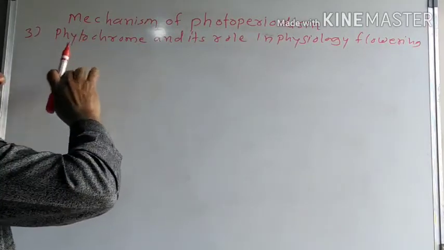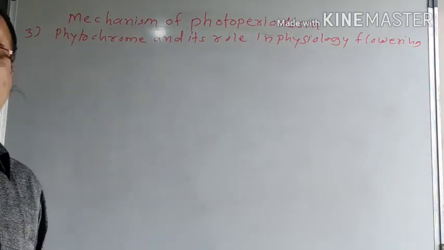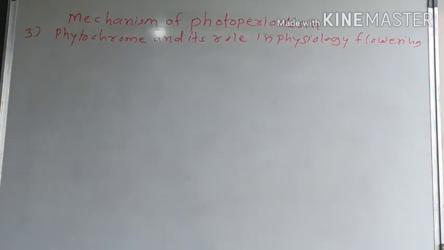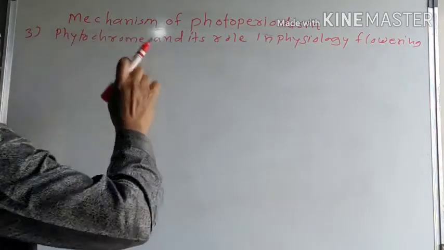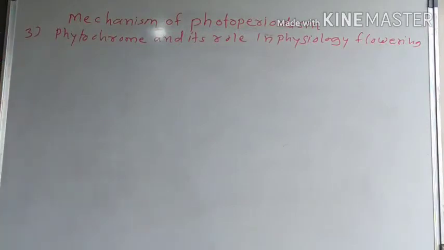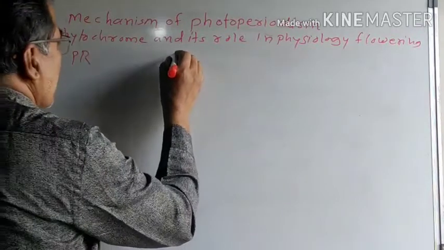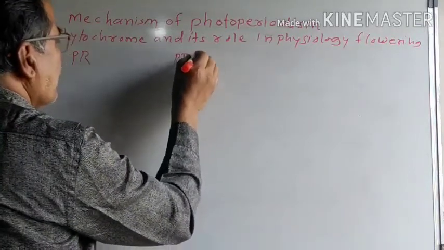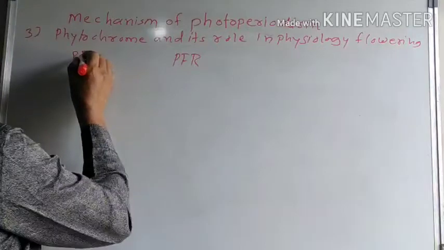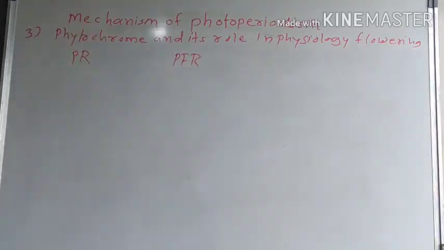Besides, light is not the only factor responsible for the flowering mechanism. Here, phytochromes play an important role in flowering. Phytochromes exist in 2 forms, the PR form and the PFR form.